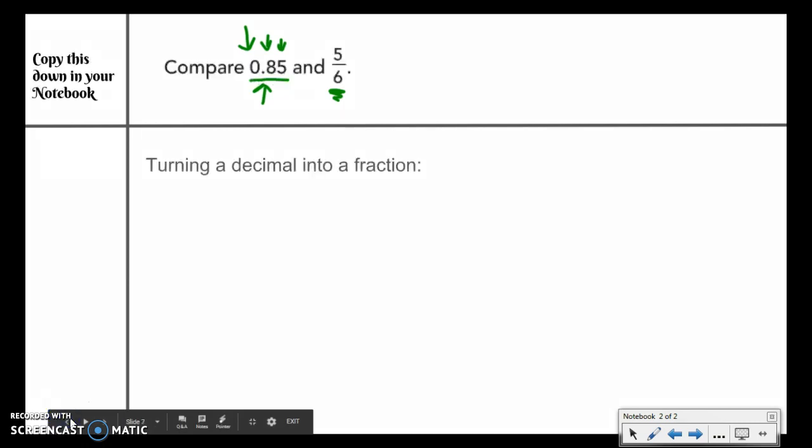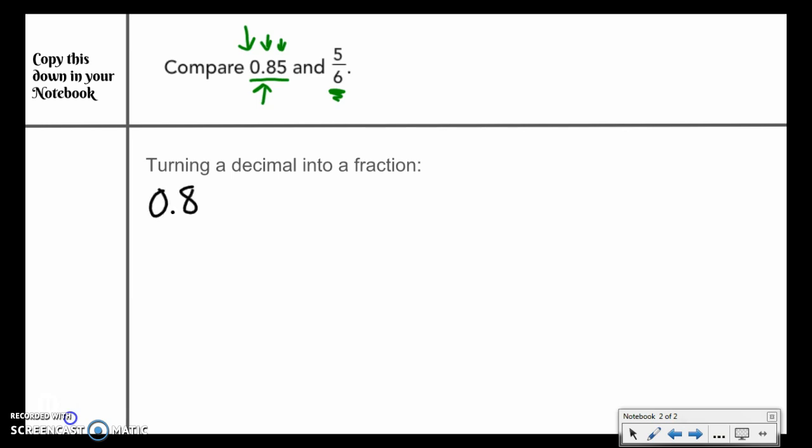All right, so now let's talk about how to turn 5/6 into a decimal. And this is the method that I prefer because it's a little bit shorter and, in my opinion, a little bit easier to do. So I have 0.85 as my decimal. And then I'm going to turn 5/6 into a decimal.